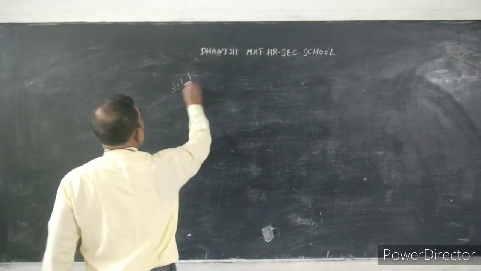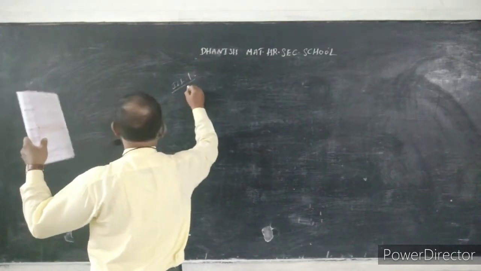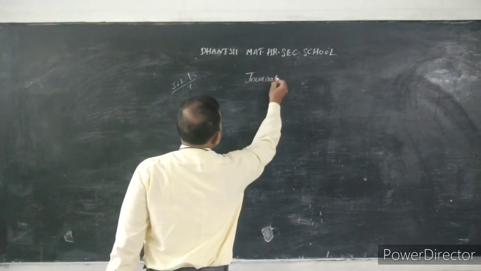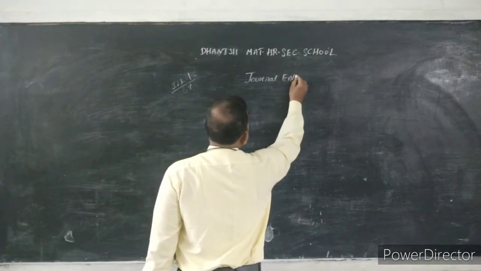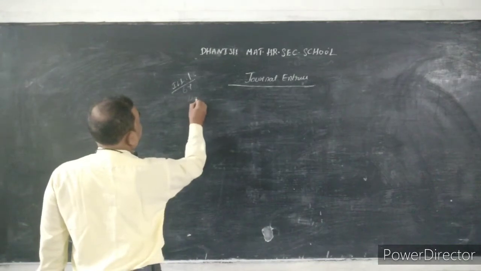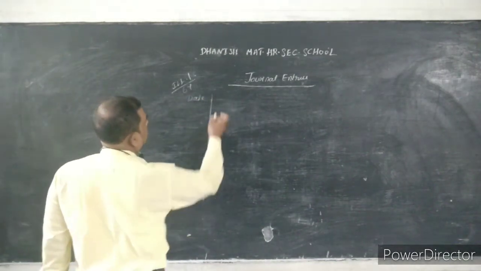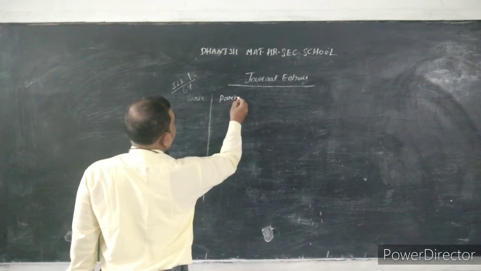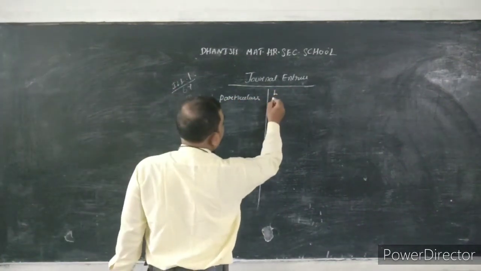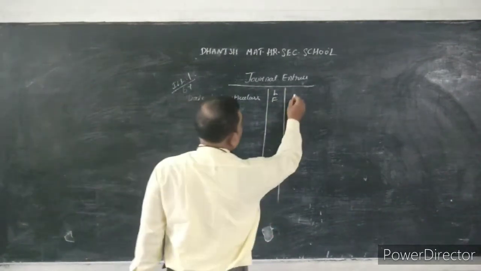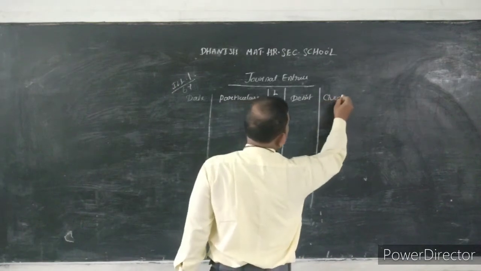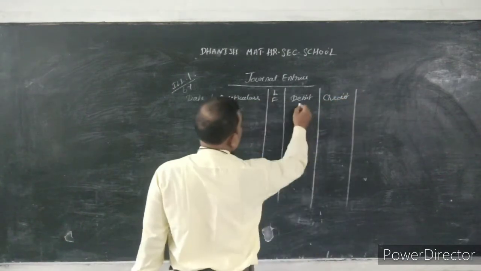Illustration 1, page number 67. Journal entries. Date, particulars, LF, debit, credit, rupees.